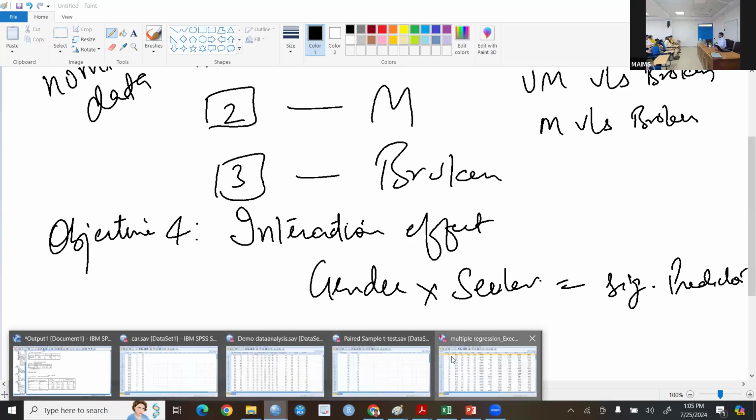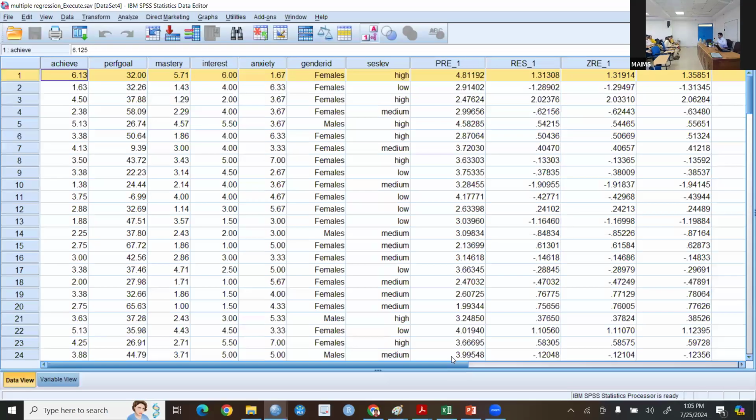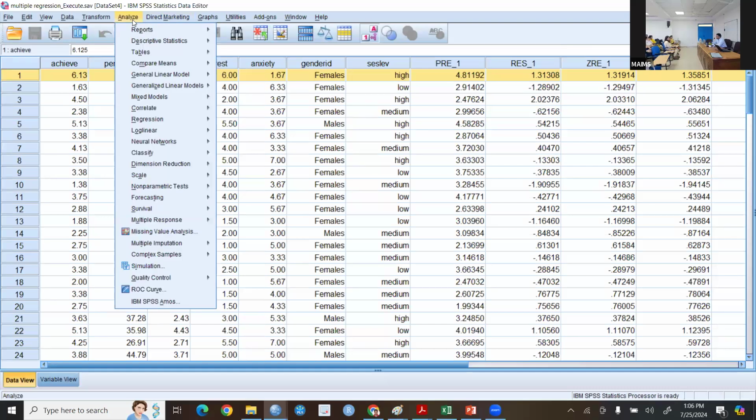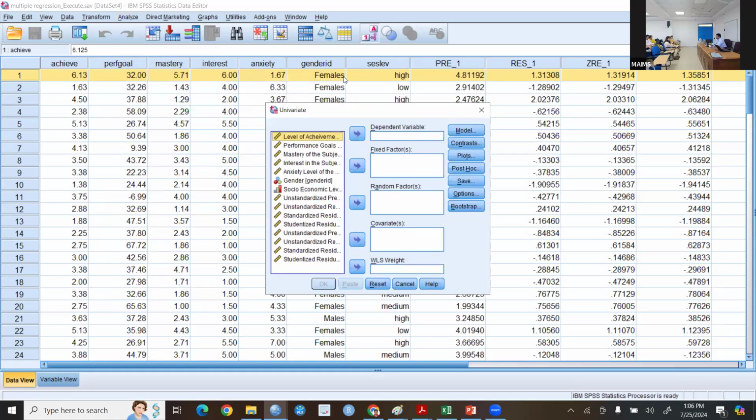the file back again, go to analyze, go to general linear model, and put the dependent variable here.